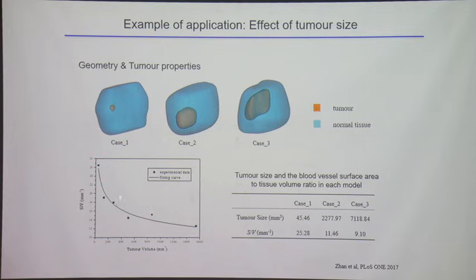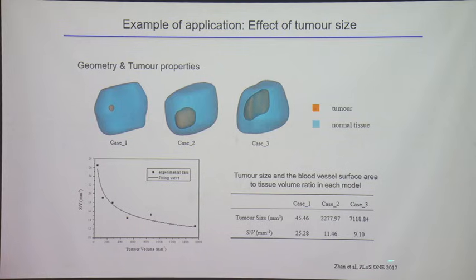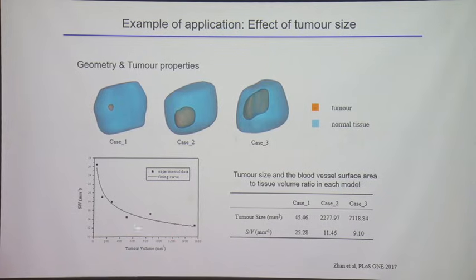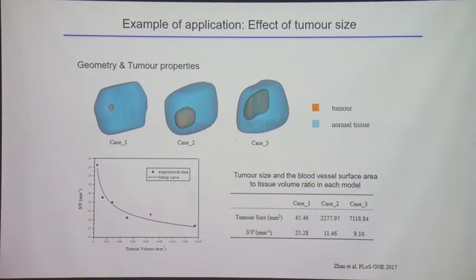These dots correspond to experimental data in the literature. Unfortunately, I forgot to cite where the experimental data came from, but if you go back to that paper, it cites the original paper where the experimental data were reported. The fitting occurs through this data, and you can find the trend of how this S/V ratio changes with tumor volume. And then using this curve, the relationship we put in, we find the S/V ratio for different cases.